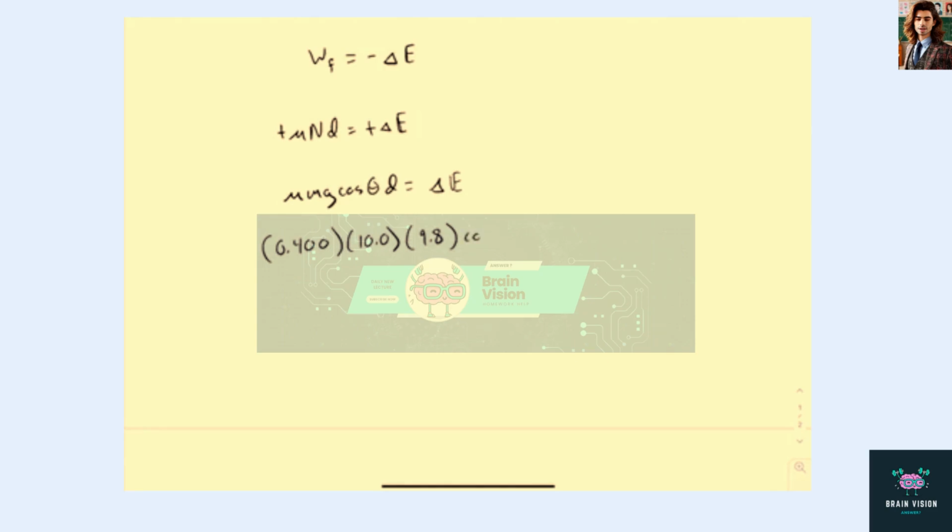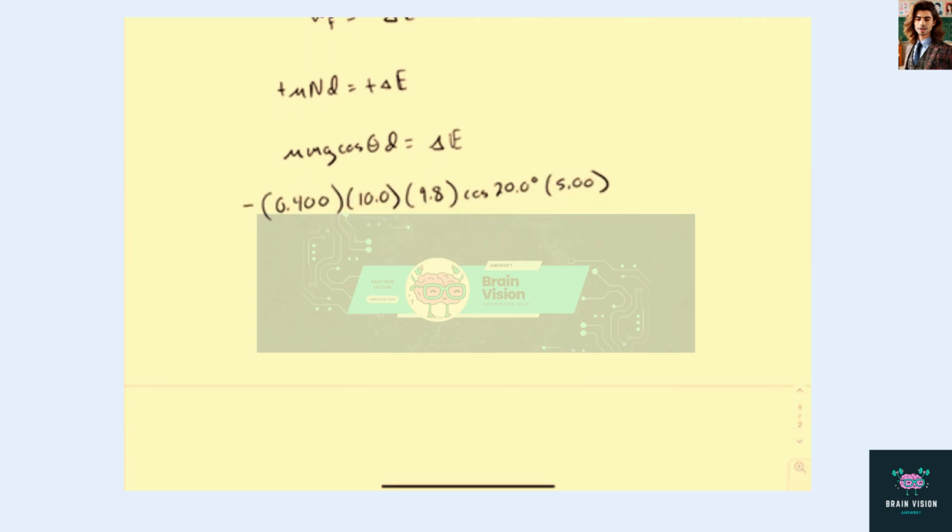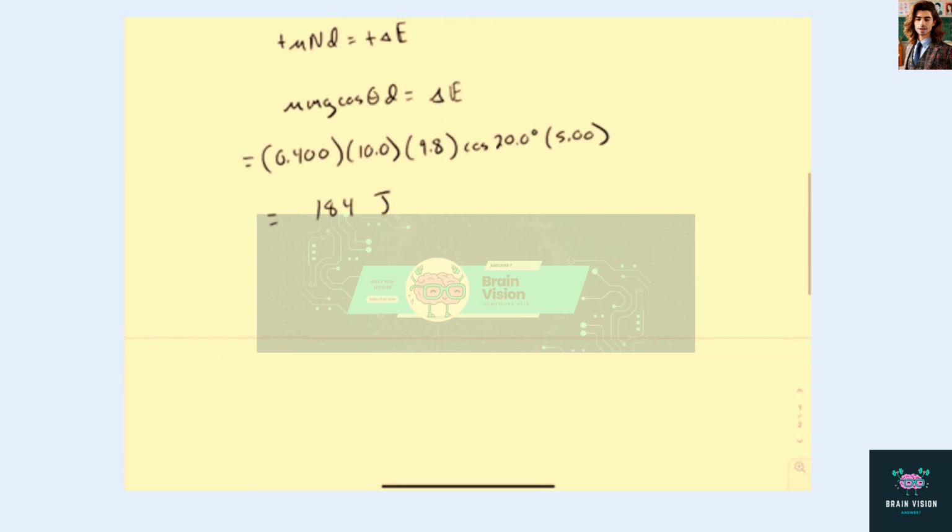We're going to take the cosine of the angle, 20 degrees, and then multiply that by the distance, which is just 5 in this case because we're looking at the length of the ramp, not the height. You multiply all that out and you get 184 joules. So that's the change in energy, or the increase in energy due to friction.